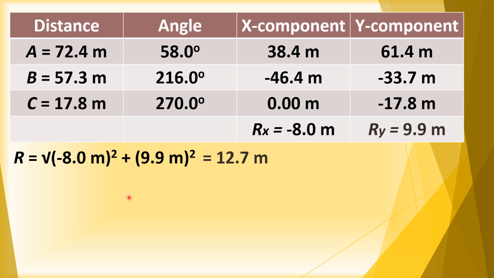Now this resultant vector makes an angle theta with a vertical, and the angle theta can be determined using the inverse of the tangent, or arctan. We just get the ratio of Ry over Rx.